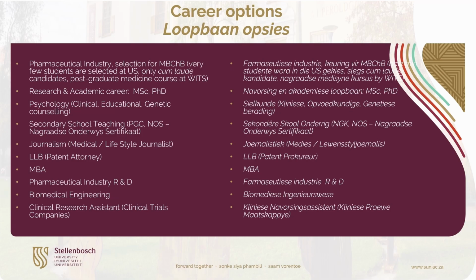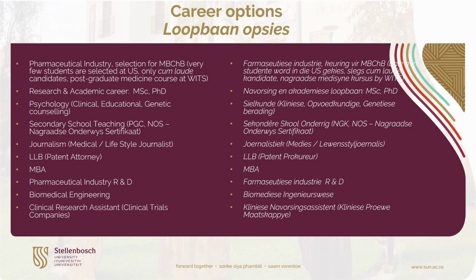Career options are basically the following: pharmaceutical industry, selection for medicine. Very few students are selected at the university, only if you graduate cum laude, and I think there are 5 that are actually selected from those who have already graduated. There's also a postgraduate medicine course that is offered through Wits University.